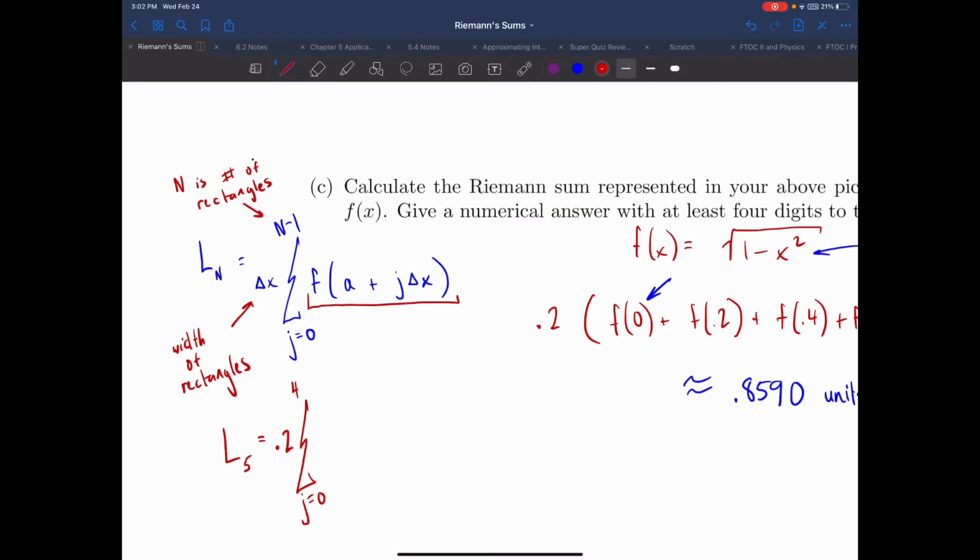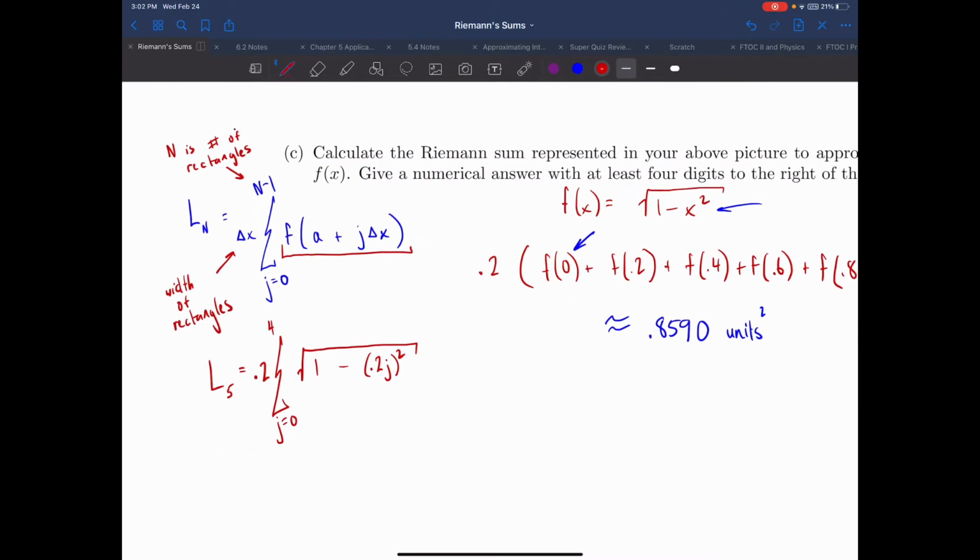And a is 0 in our case, so all we'll have is the square root of 1 minus 0.2j squared. So this would represent the left-hand Riemann sum for our function here. And all this tells you to do is add up the rectangles from 0 to 4 by plugging in 0, 1, 2, 3, and 4.